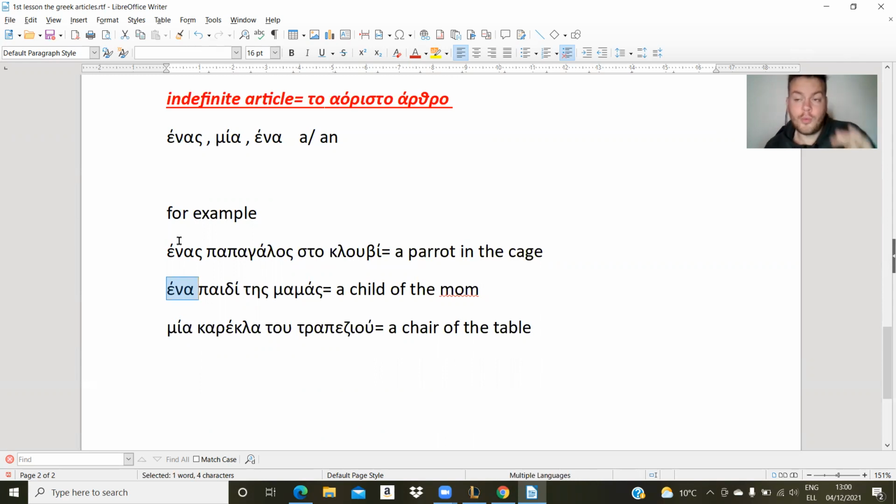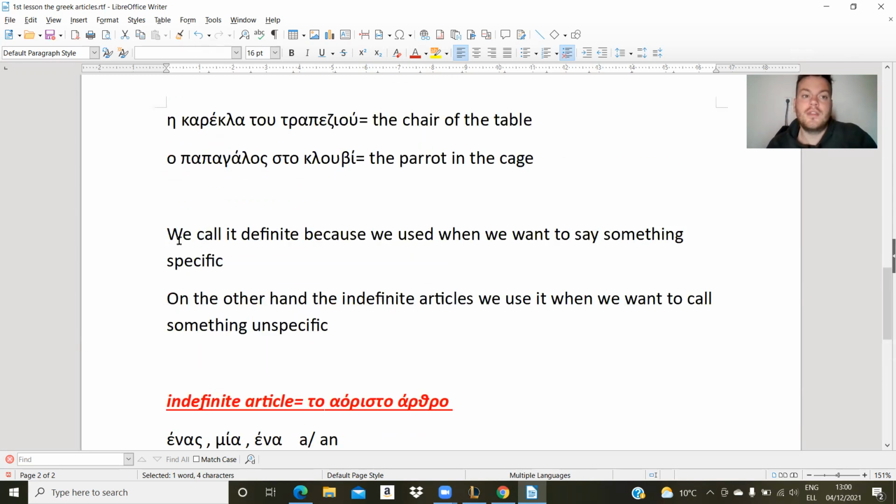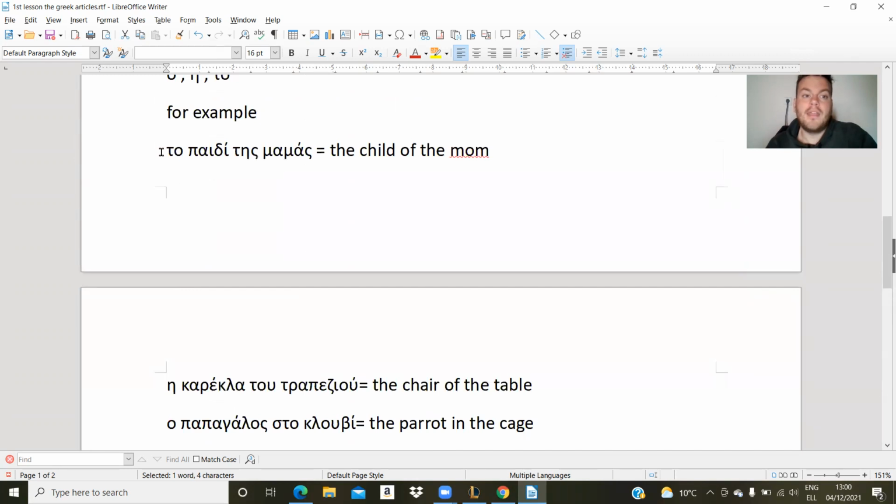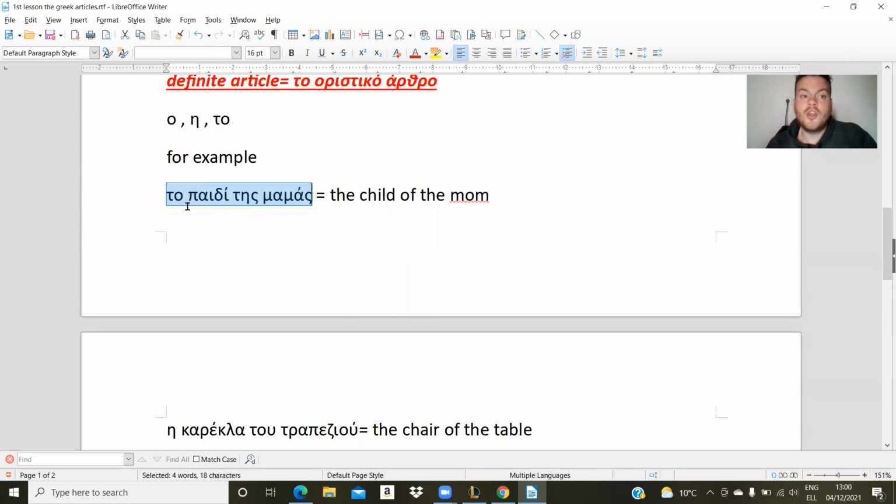So now we need to understand the meaning of these two sentences. The one sentence with το παιδί της μαμάς, when you have the definite article, the meaning changes. You speak about a specific child of mom, okay?